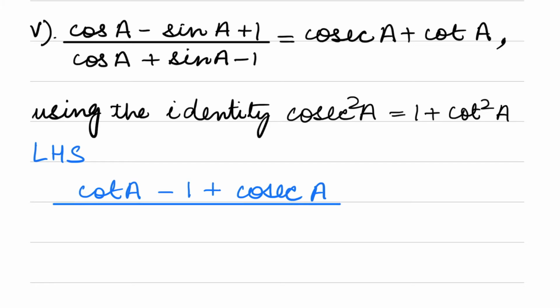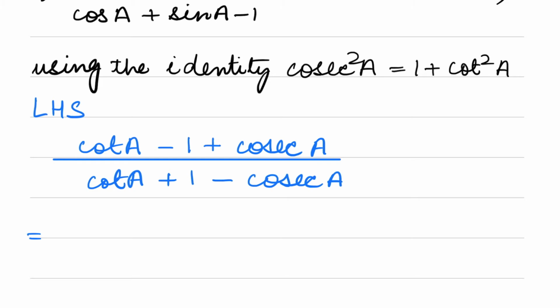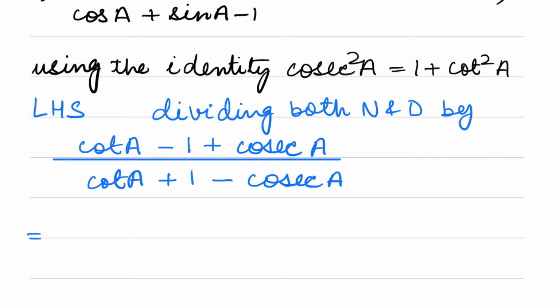Divided by, now in the denominator also we need to divide each term by sin a. So again cos a by sin a will give me cot a, then this would be plus 1 and minus cosec a. Now this would be equal to, here I can write dividing both numerator and denominator by sin a.